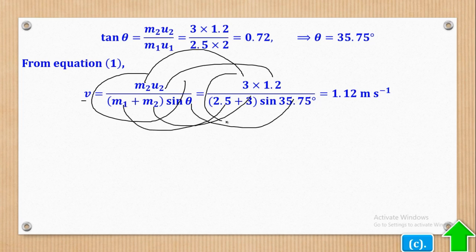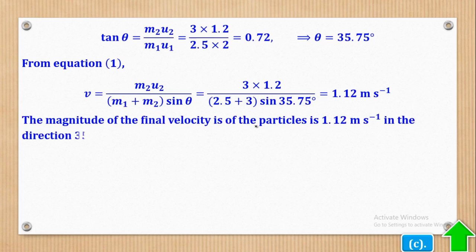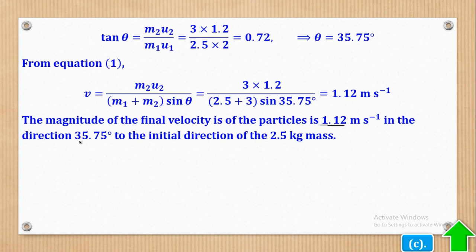When I use the calculator here, I'll come up with 1.12 meters per second. Therefore, I'll conclude that the final velocity of the particle is 1.12 meters per second in the direction 35.75 degrees to the initial direction of the 2.5 kilogram mass.